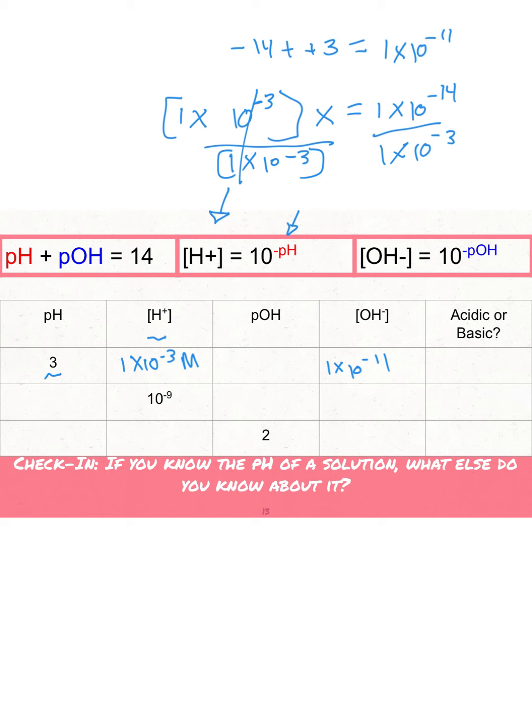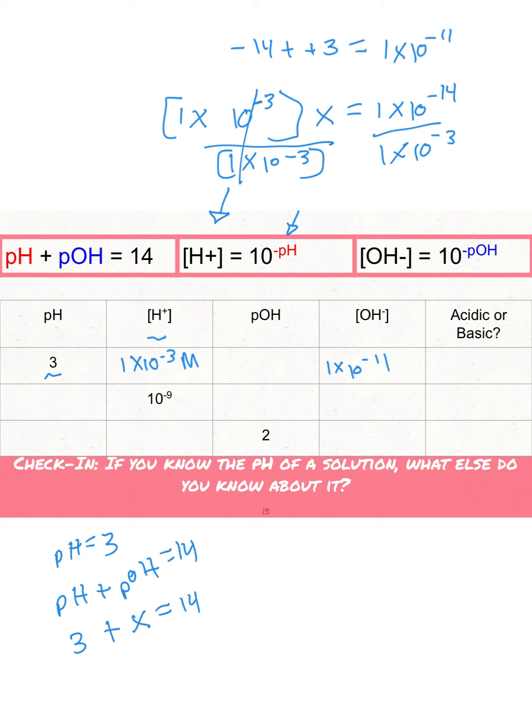Okay, what about the pOH? If I've got a pH of 3, I know that the pH plus the pOH is equal to 14. And so I'm going to put 3 there, plus x is equal to 14.